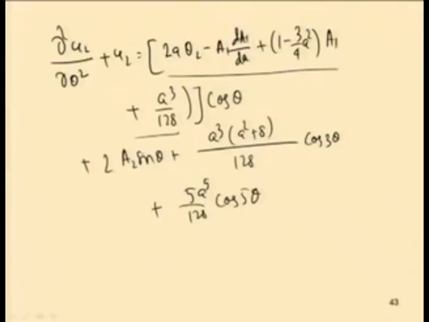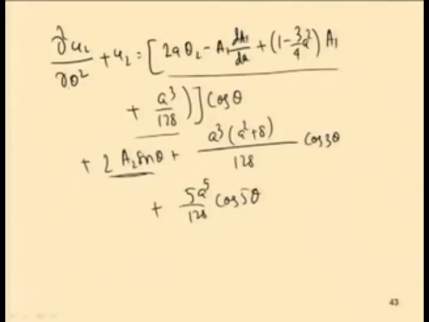From this we already know the expression for a 1. So, by writing the expression for a 1 in this case and eliminating the secular term, we can write a 2 equal to 0, and also we can find theta 2.